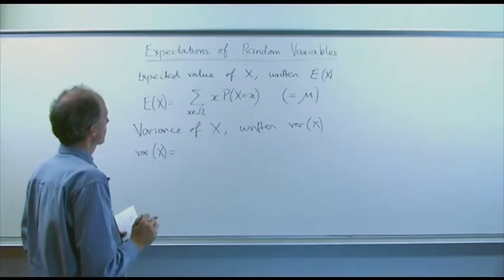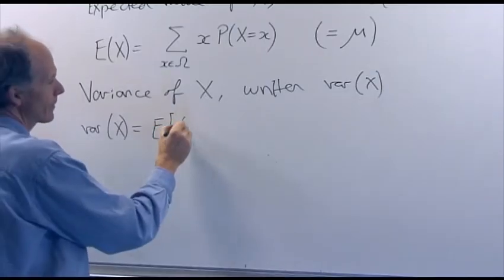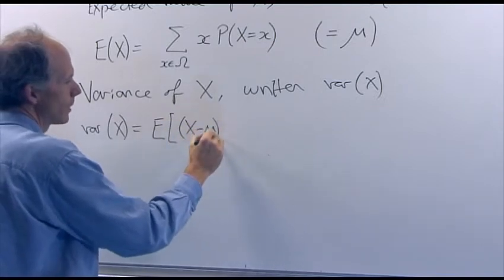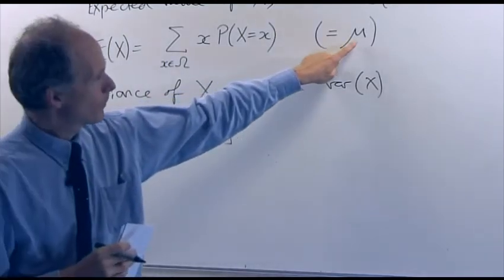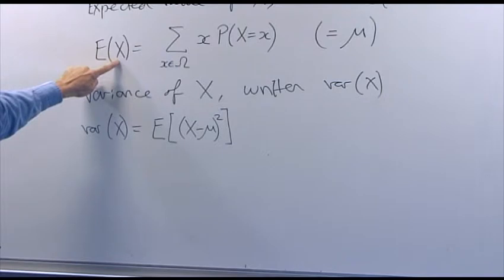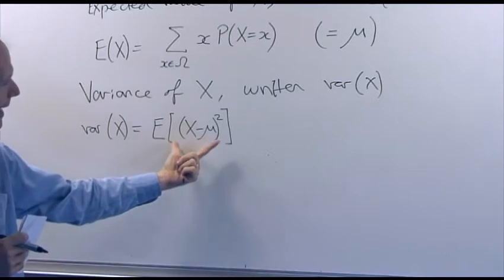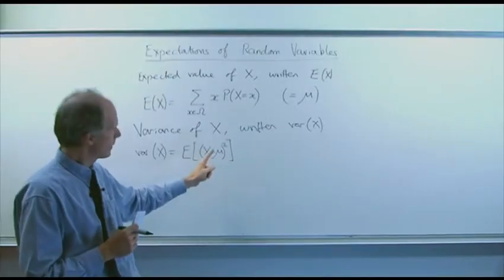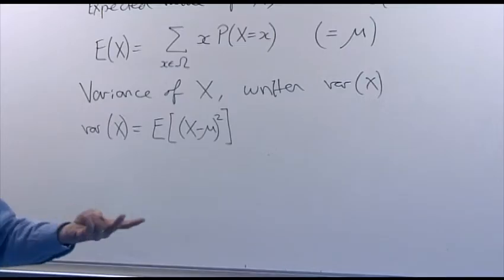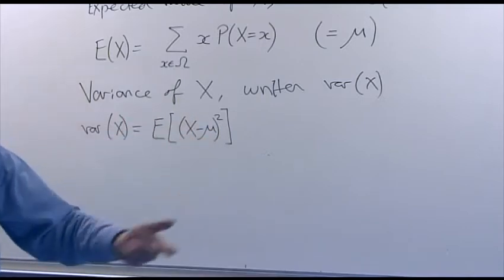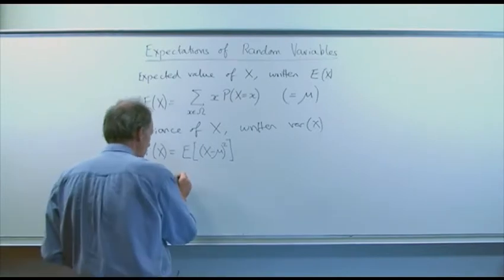The variance of X is going to be the expected value of X minus mu squared. Mu, remember, is the symbol we used for the expected value of X, and the variance of X is the expected squared difference between the random variable and its expected value. So this is just another g, a general function g, and using our definition we could actually write down what that is.